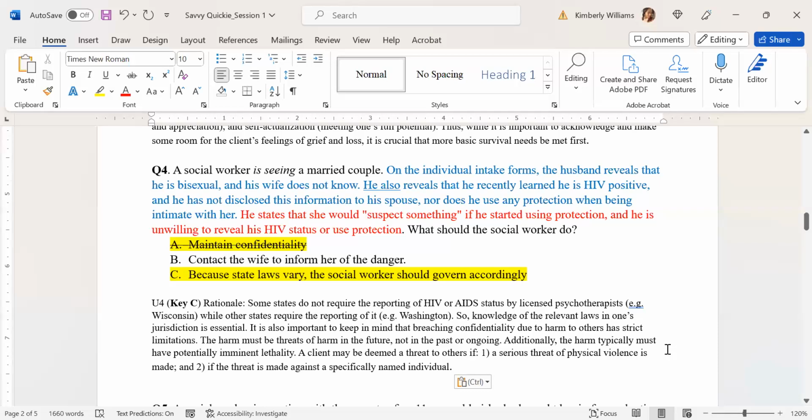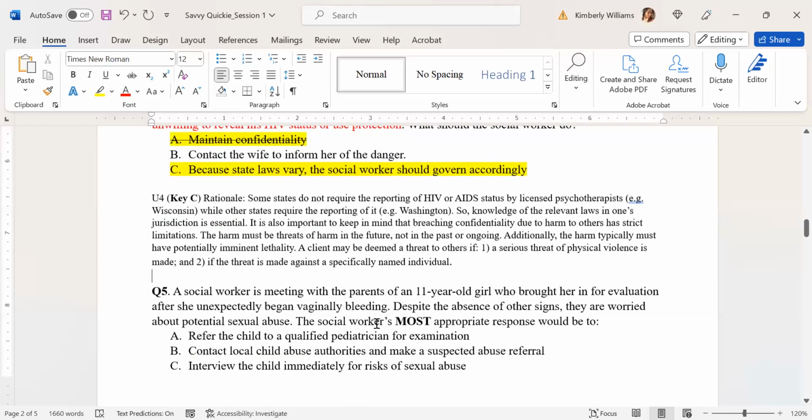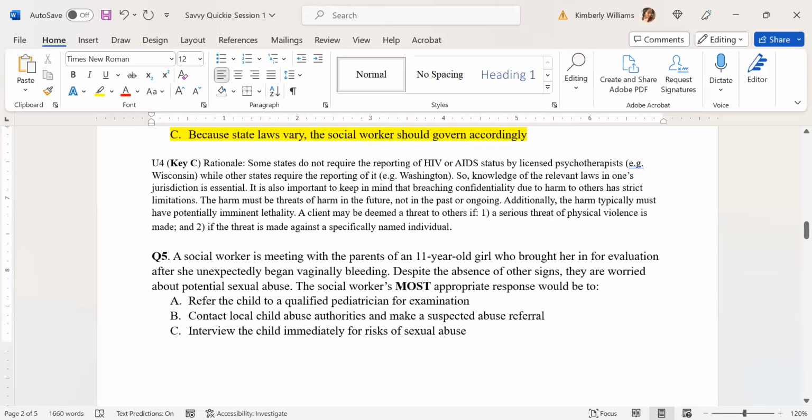But there are some states that require doctors, social workers, people that are already mandated reporters, when you find this out, to definitely warn the other person. So you definitely have to know your state's statutes when it comes to that. Any questions about that one?